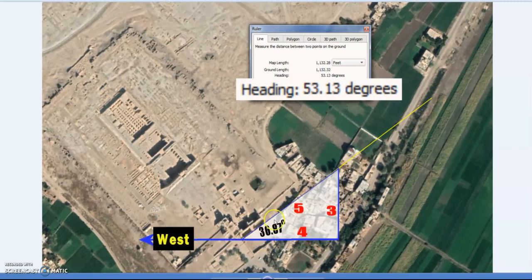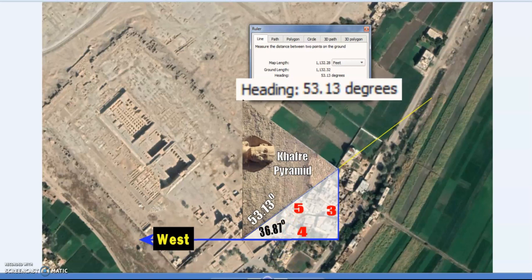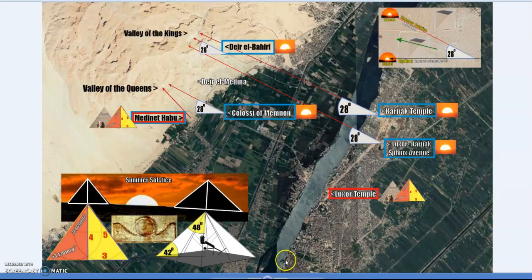The 3-4-5 triangle, again 36.87 degrees north of true east. That's the angle of the Khafre pyramid, and again the 120 days of those seasons. So we see that here as well. Now what about 42 and 48 of the Great Pyramid, which is from the zero point what you see of the Great Pyramid.